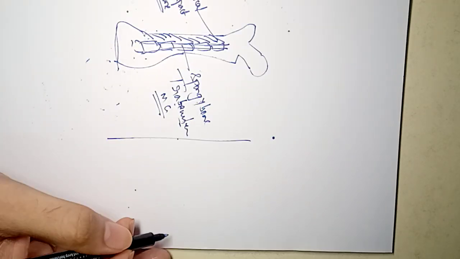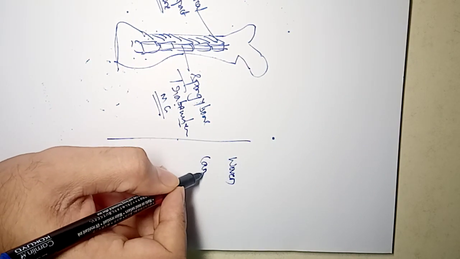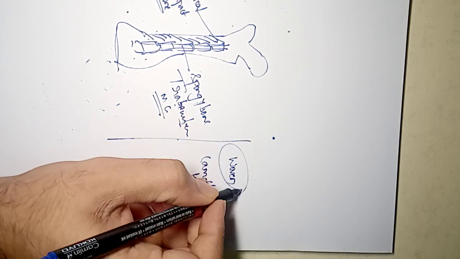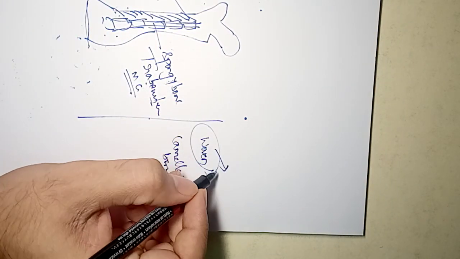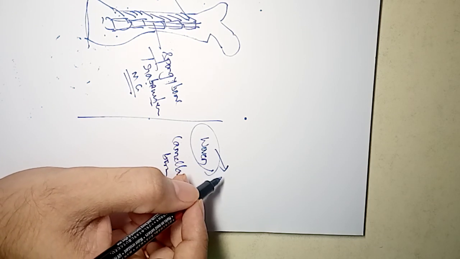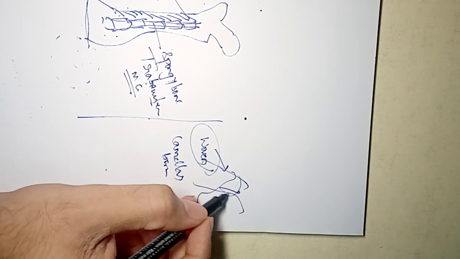This should not be confused with woven and lamellar bone. Woven bone is that preliminary bone where there is a haphazard arrangement of the fibers and the mineralization.